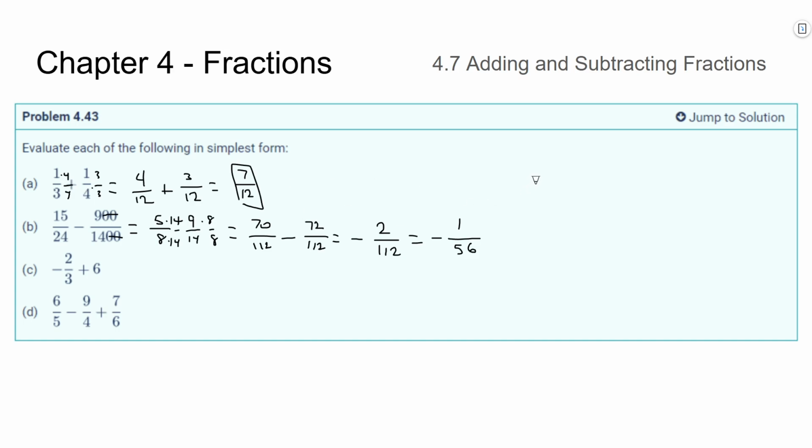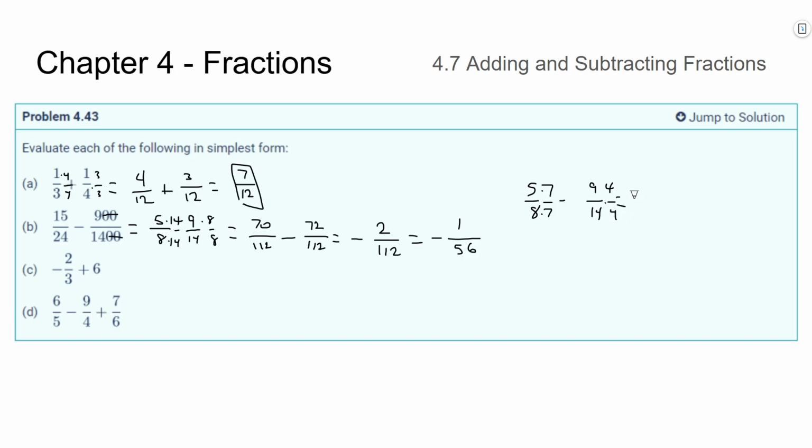Let's see. So if we had 5/8 minus 9/14. And let's see if we can get to 56. So 8 times 7 is 56. And 14 times 4, I believe, is 56. Yep. 40 plus 16.